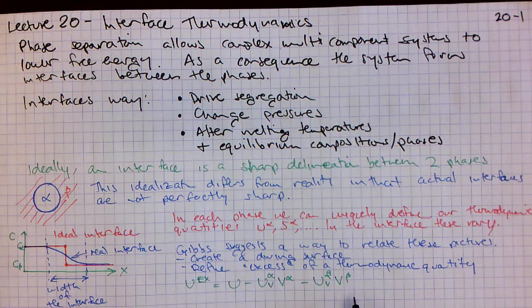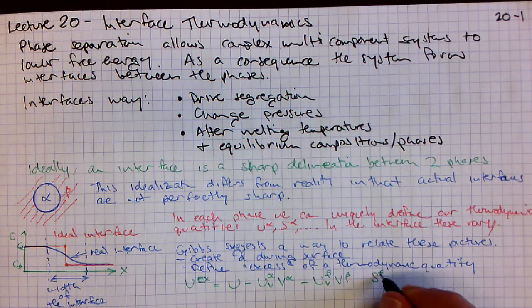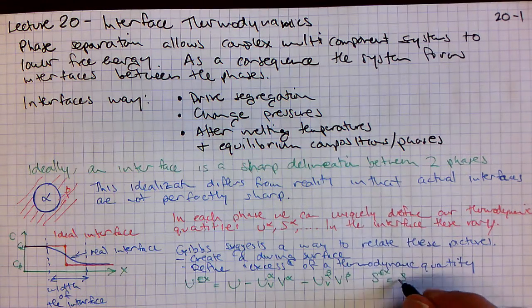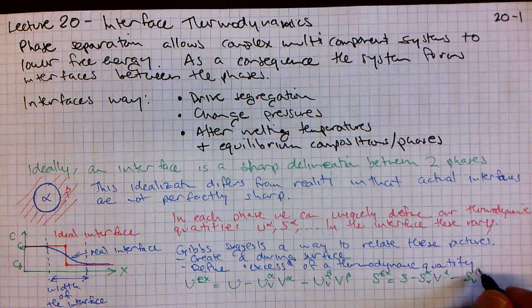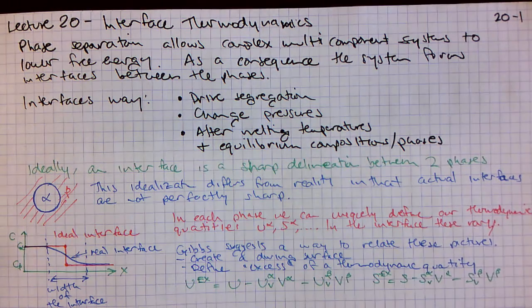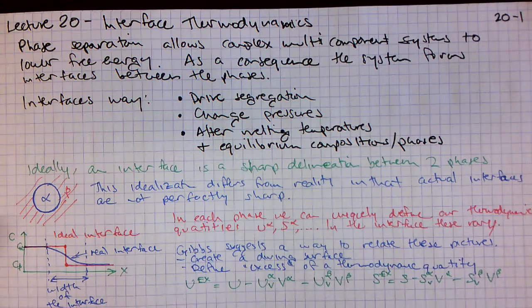Right? And we could do this for any quantity. So we could have an excess entropy. That would be the total entropy minus the entropy per unit volume in the alpha phase, volume of the alpha phase, minus the entropy per unit volume in the beta phase, volume of the beta phase. We could do that for any thermodynamic quantity of interest.